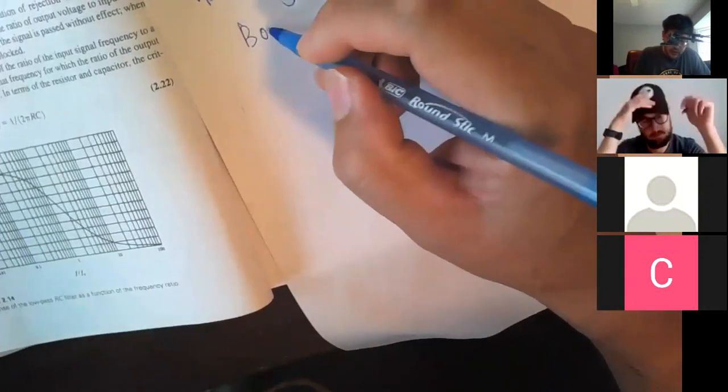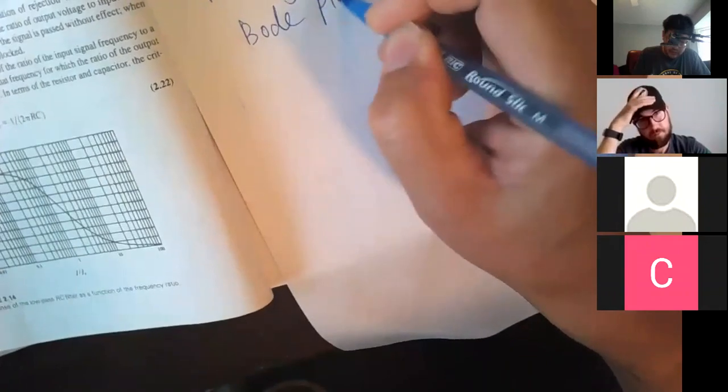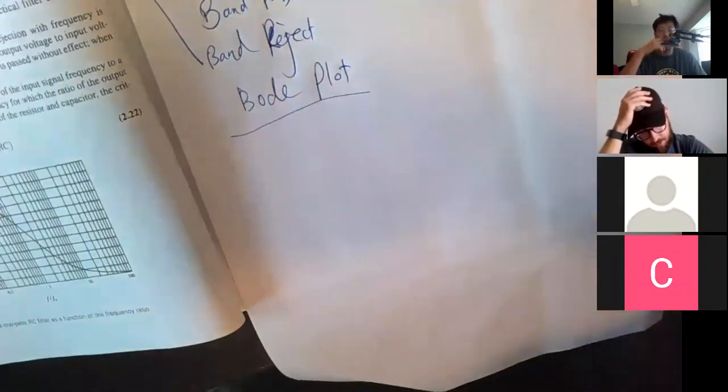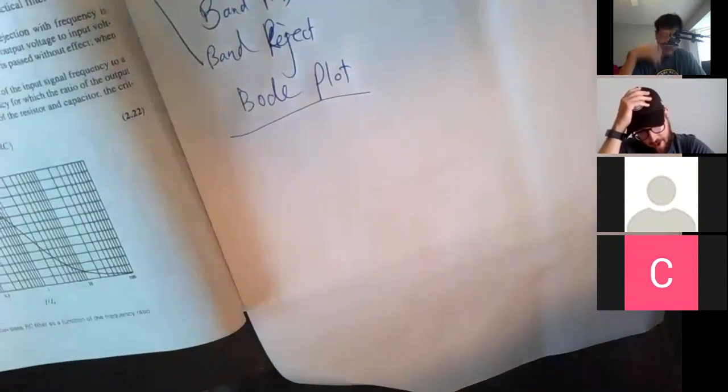What exactly is a low pass filter? This is called a Bode plot. Bode plot is the most commonly used plot when we talk about filters. So Bode plot is used most often.